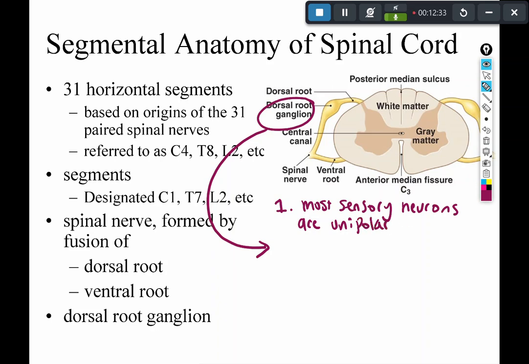most sensory neurons are unipolar. If you're not remembering quite what that means, we talked about the structural types or shapes for neuron types. It's the one that looks like this.